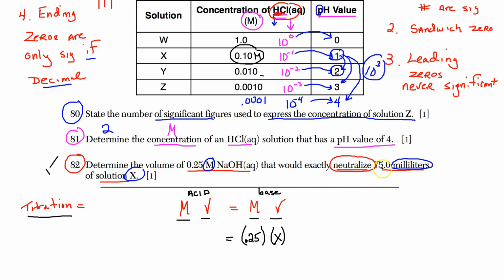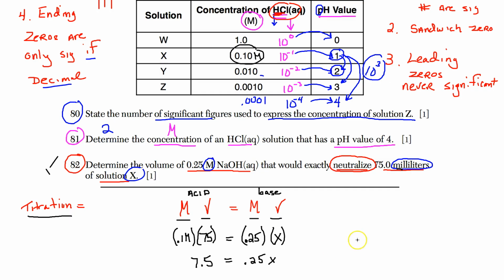They want to neutralize a certain amount of solution X, which is an acid, H in front. So there's my 75. I don't have to convert this to liters because they're both in the same unit, they would cancel. And then of course, the molarity of solution X is 0.1. That's the molarity of that acid. You had to be able to put that there. Now we're going to do our math. 0.1 times 75 gives 7.5, and it's equal to 0.25x.